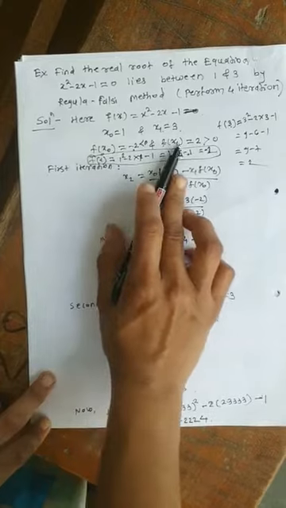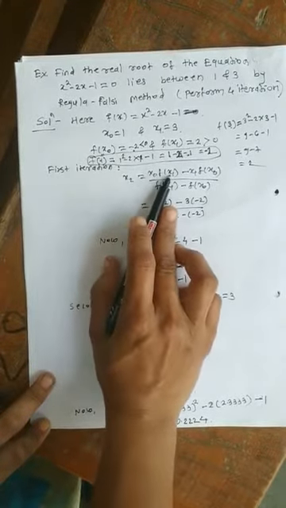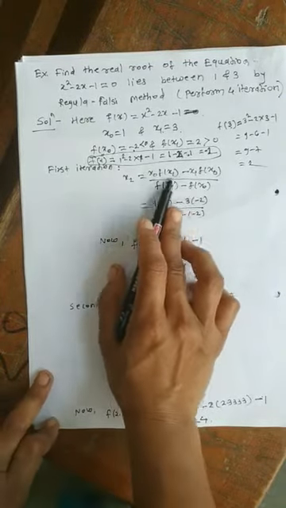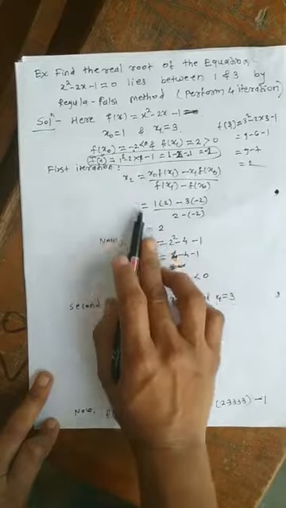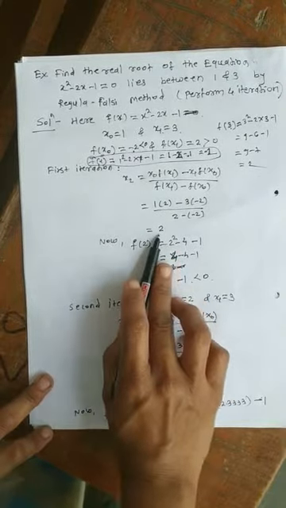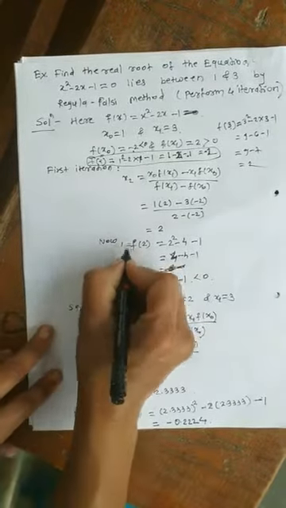and we find f of x naught, f of x1. So we take x2 is equal to x naught f of x1 minus x1 f of x naught divided by f of x1 minus f of x naught. Put all the values and we get x2 is equal to 2. Again for a new search interval we find f of 2, that means f of x2.